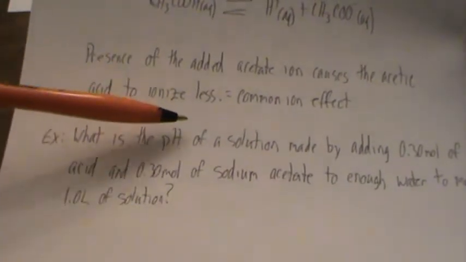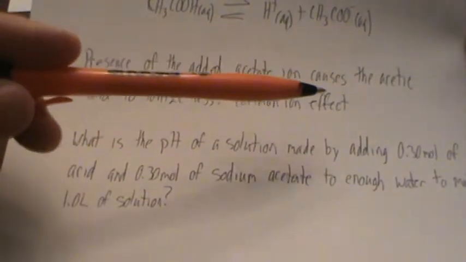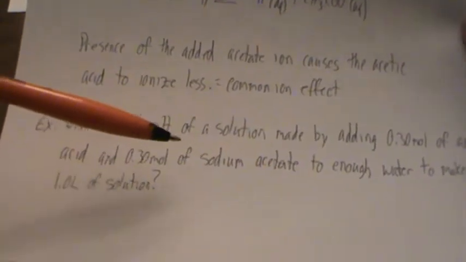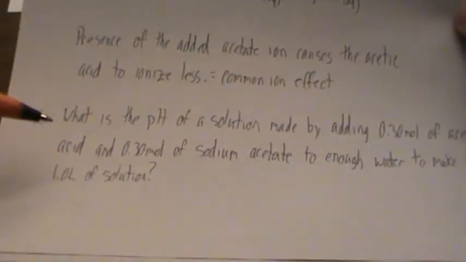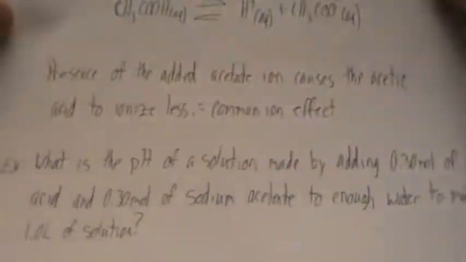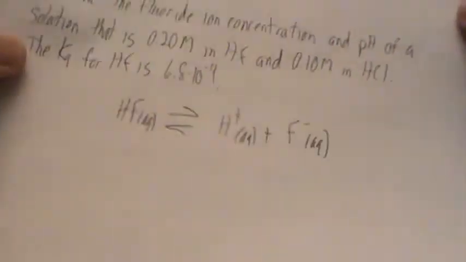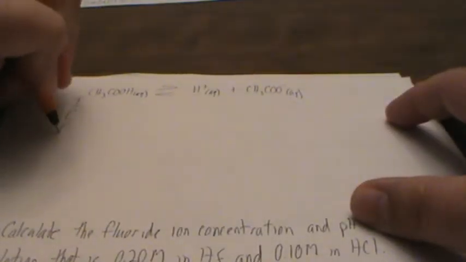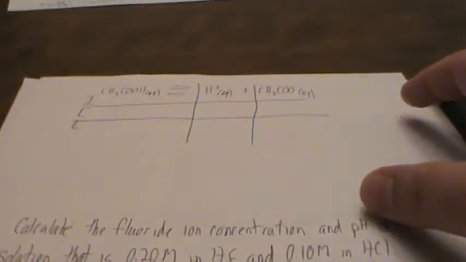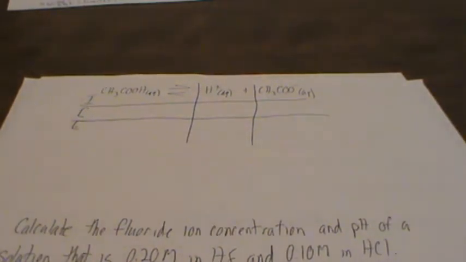What is the pH of a solution made by adding 0.3 moles of acetic acid and 0.3 moles of sodium acetate to enough water to make a 1 liter solution? Alright, so we're going to set up our ice table. We have a 1 liter solution with 0.3 moles of acetic acid and 0.3 moles of sodium acetate.